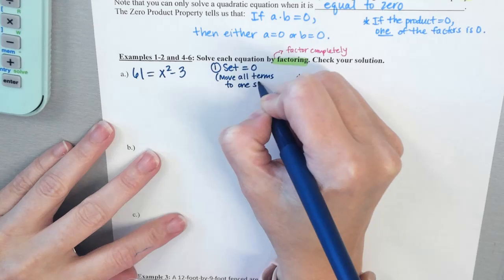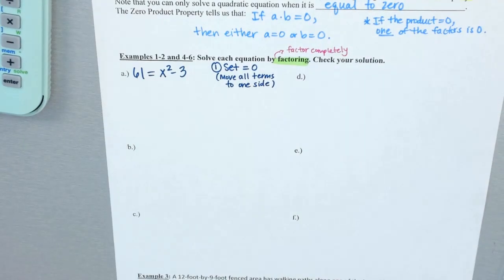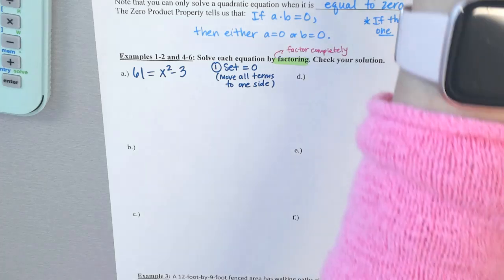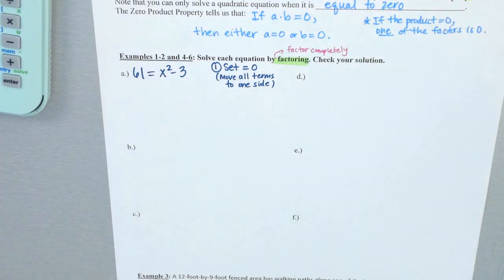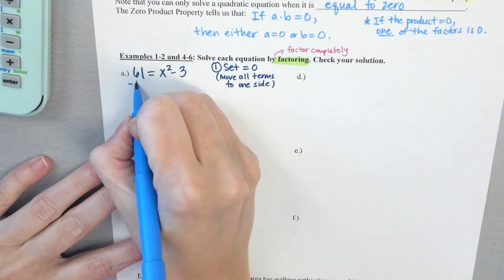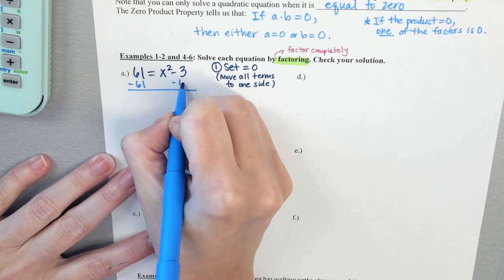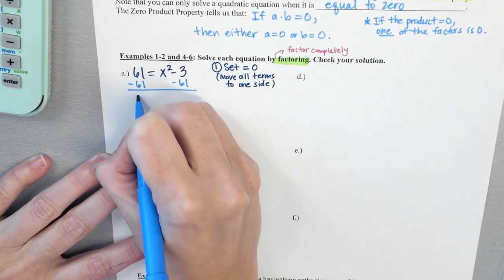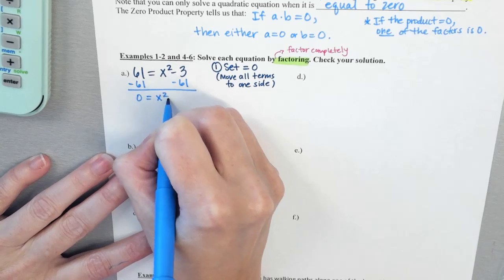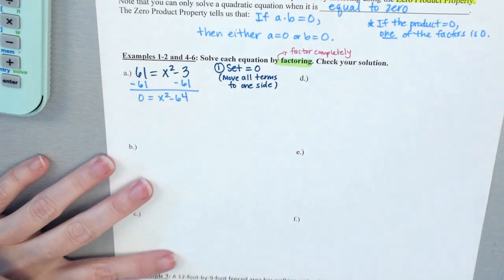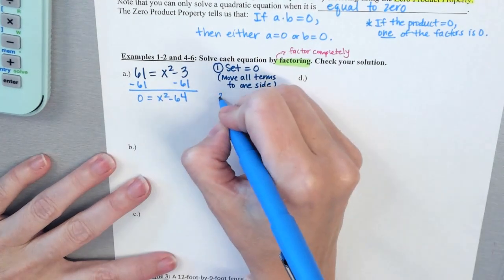Sometimes this is done for you, sometimes it's not. It also doesn't matter what side you move them to. I always like to move it to the side where my x squared is going to be positive because that makes it easier for me to factor. So I'm going to move 61 over by subtracting it so that I can factor.